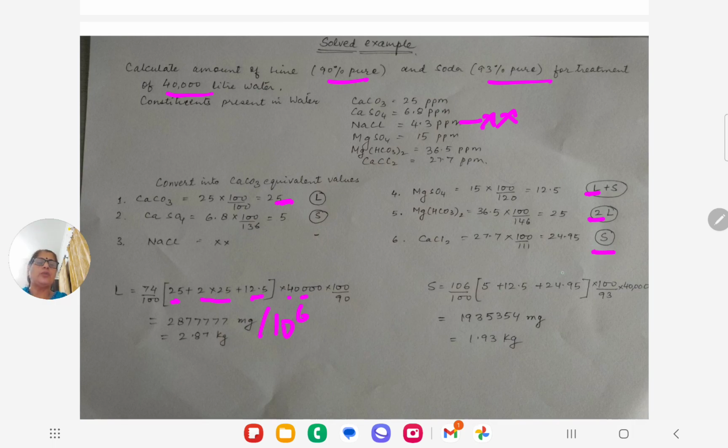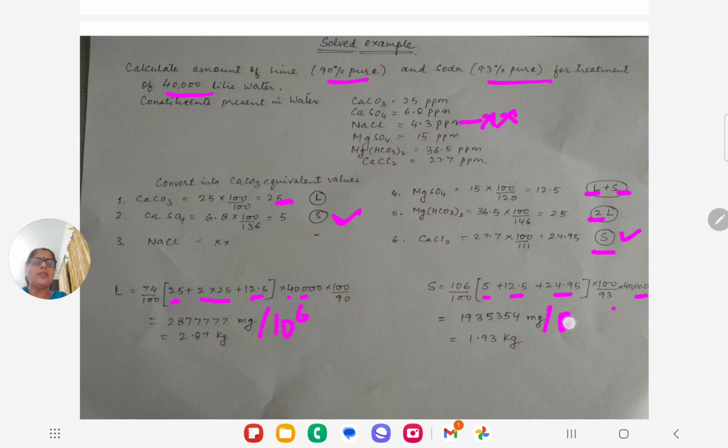Same is the case with soda. Here we will write 5 because soda is needed here, and 12.5 will be added here, and 24.95 because CaCl2 is consuming soda. 100 upon 93, that is 93% purity, and 40,000 is the volume of water.